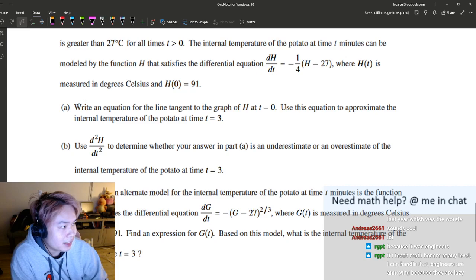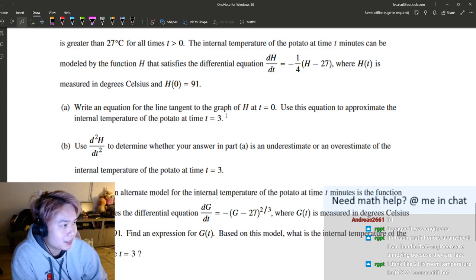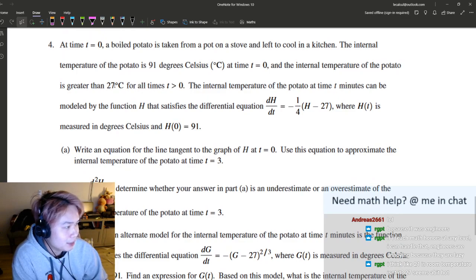And then let's see, write an equation of the tangent line of the graph of h at time 0. And then we can use that to approximate it when time is t. Is 21 room temperature? I have no idea what room temperature is. But for some reason this potato will always be at least 27.